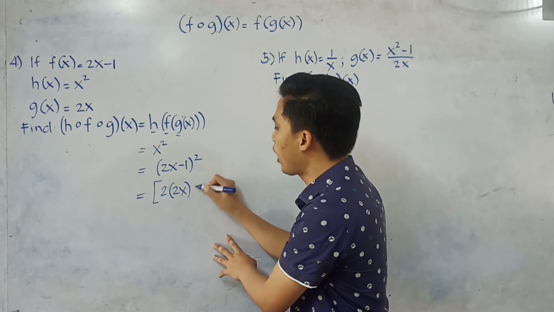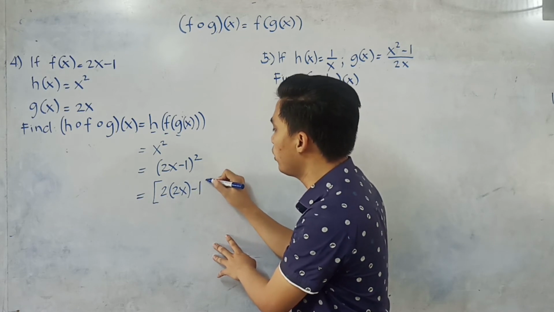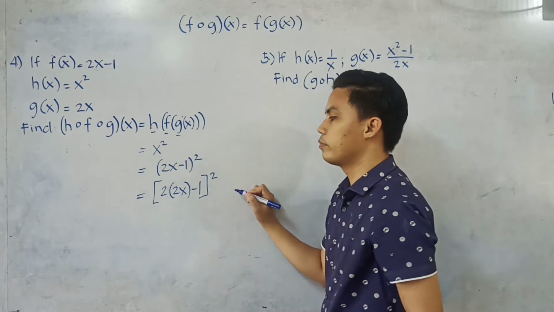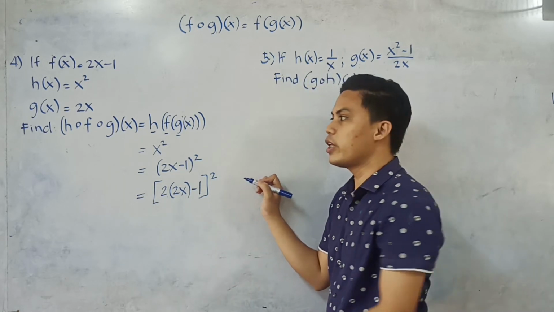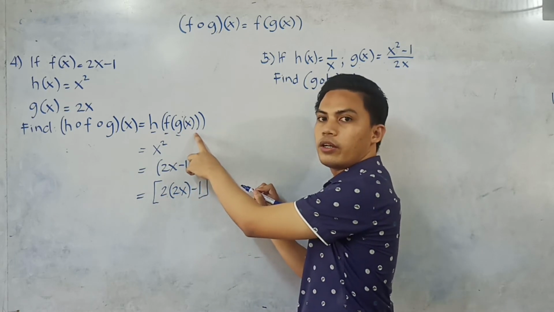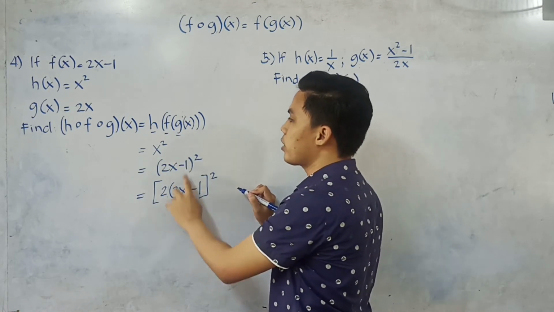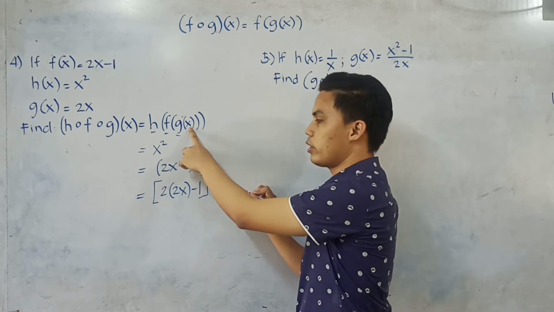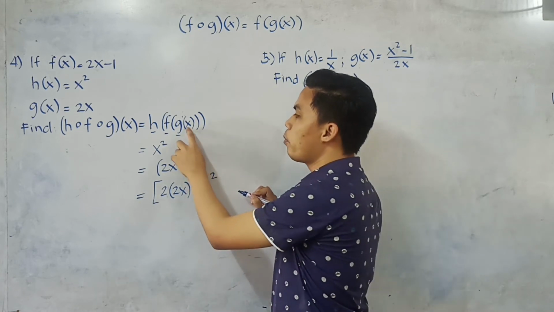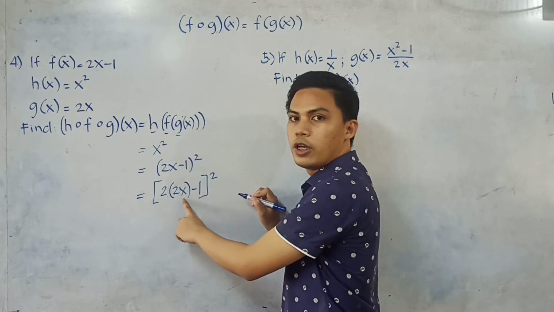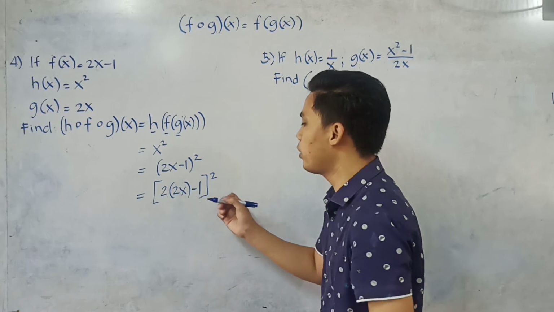Then, copy lang yung minus 1, then square. In this case, nasulat na natin ang h of f of g of x. So wala na tayong substitute sa x kasi nga yung final dito, yung innermost is also x. Kung may numerical value naman ito, then we're going to continue substituting sa value ng x. Okay. Let's simplify this one.